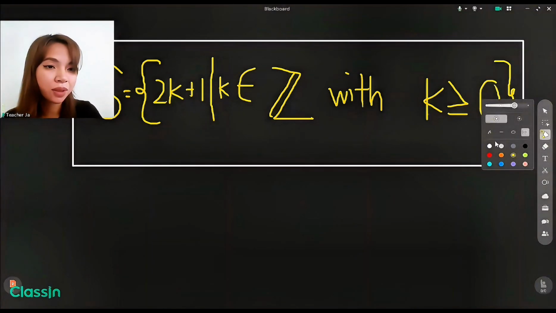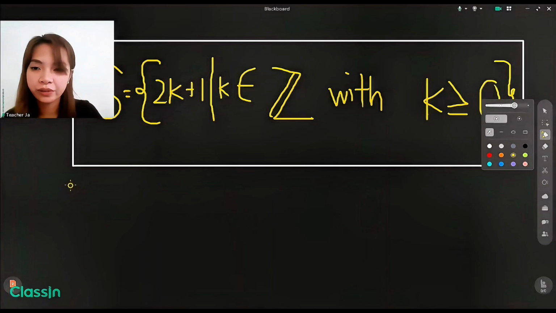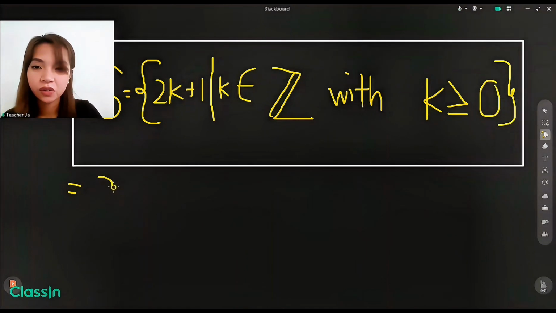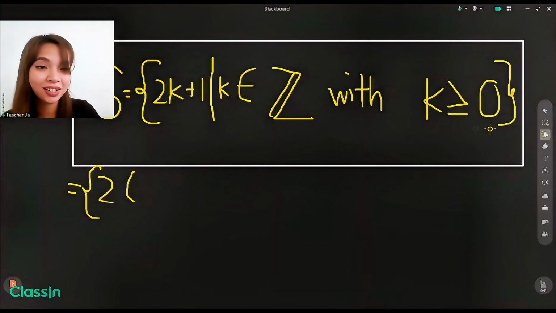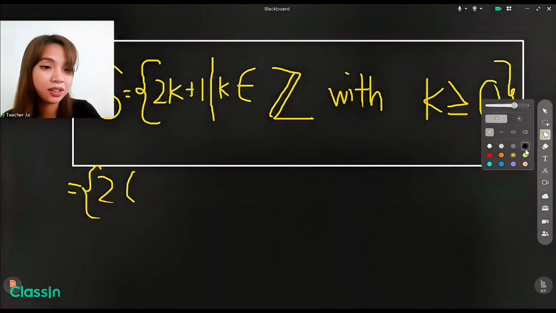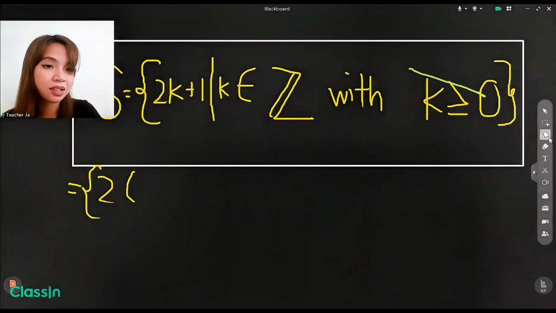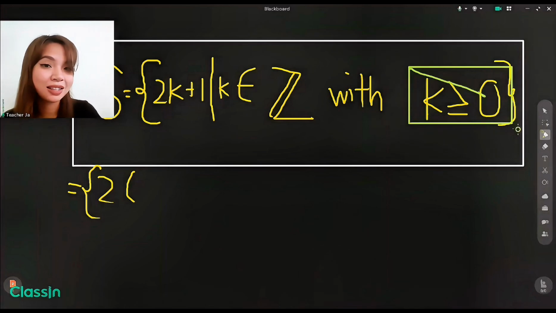Since that is the problem, we will start with k as 0, because here the given is that k is greater than or equal to 0.